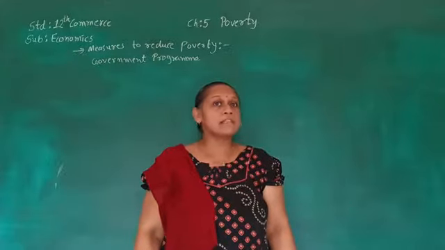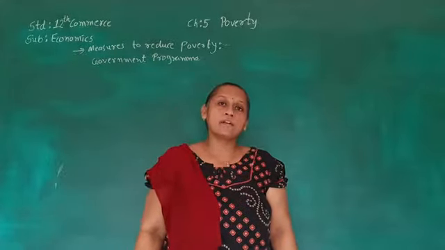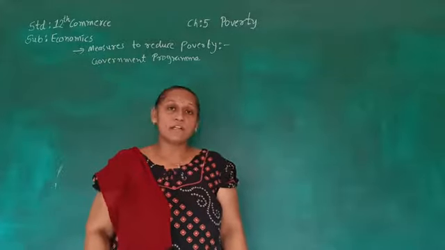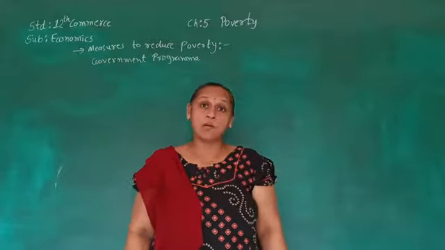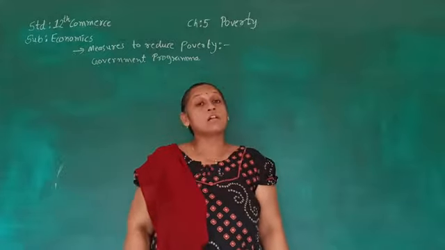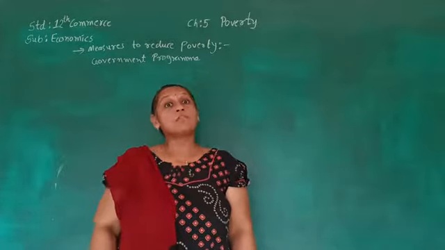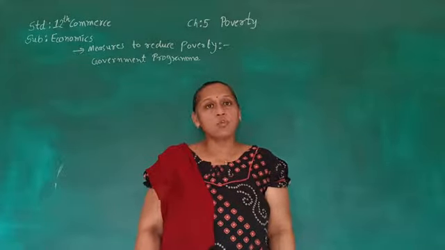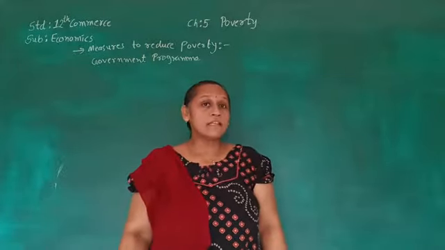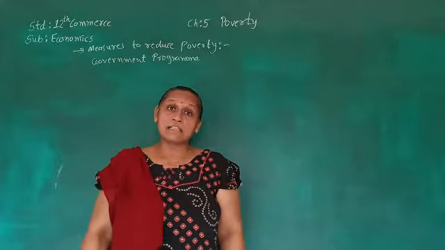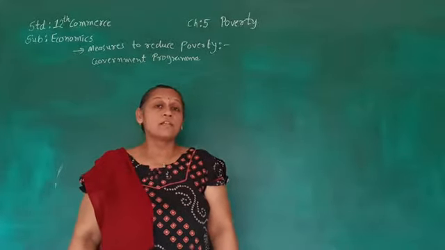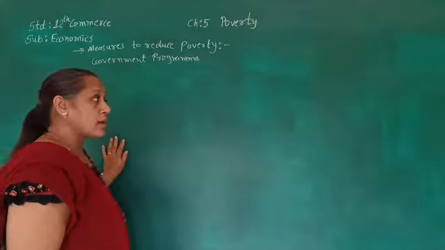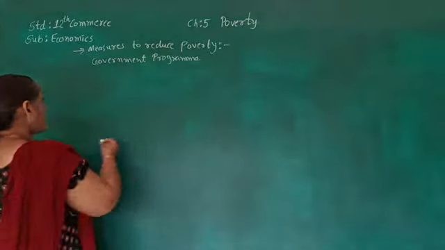For that, the government is giving different types of programs, with the help of which small people, like farmers, artisans or laborers, can come out of poverty. And for that, the government is helping them with all the things. So the very first program is IRDP, called the Integrated Rural Development Program.